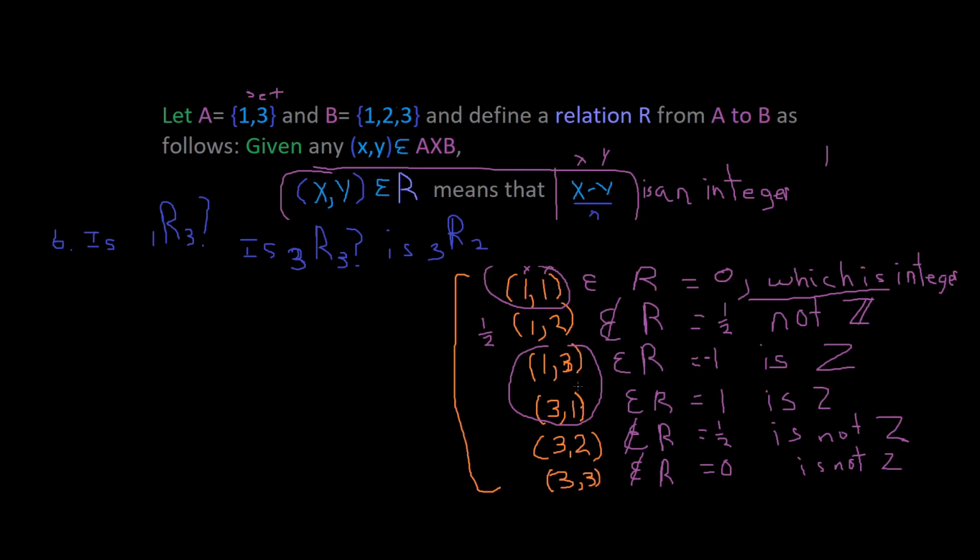So yes, it is. So the answer would be yes. It is an ordered pair that's an element of R. So yes, (1, 3) is an ordered pair that's an element of R.